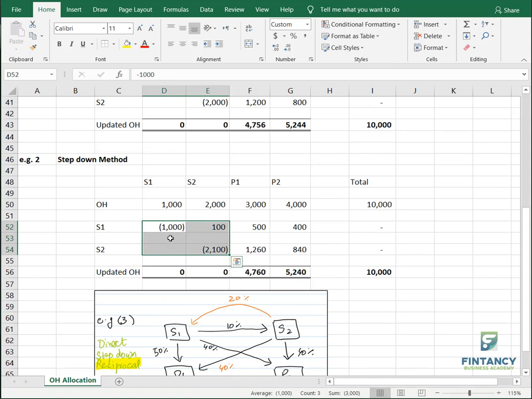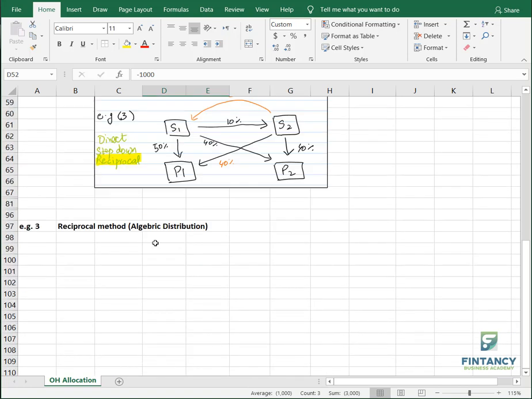We will not do it now when we solve the reciprocal method. We don't need to worry how much is going to S2 and how much to S1, because we are already doing it in the equation. This will be clear when I create the overhead distribution sheet. So just wait for a while and this question will be answered.